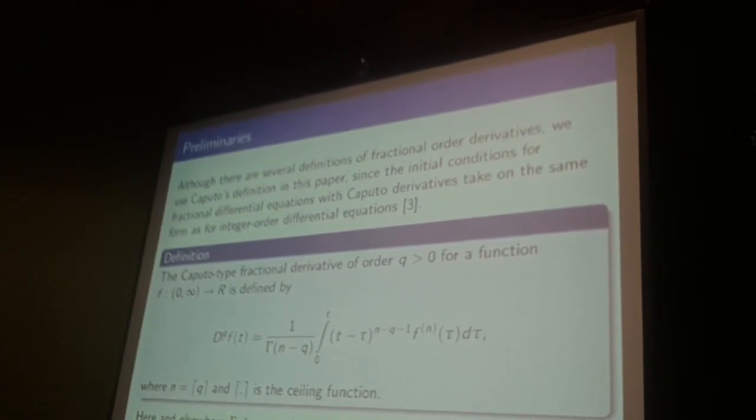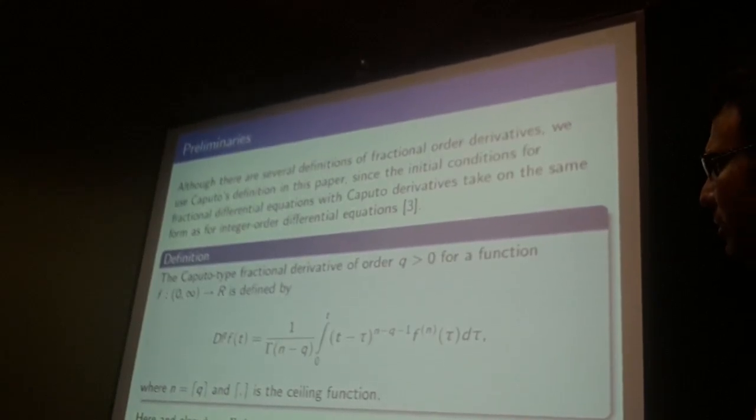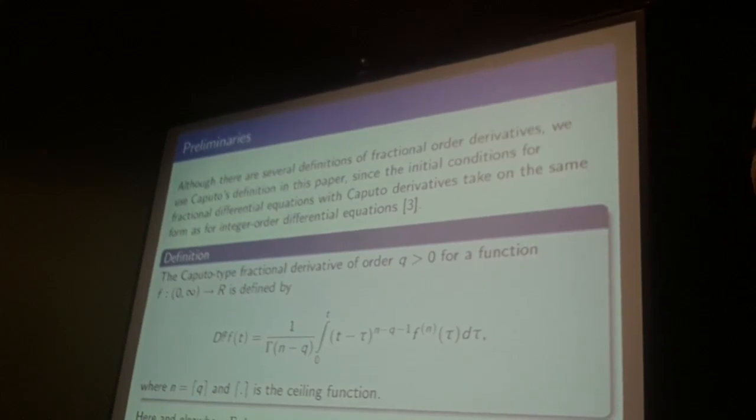In other types of derivatives, it's very different. For example, the derivative of a constant is not zero in Riemann-Liouville or the other fractional derivatives, but in Caputo type, it is zero. This is the definition of the Caputo derivative.